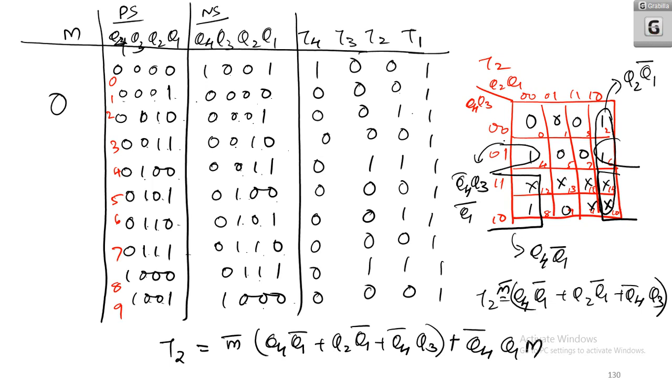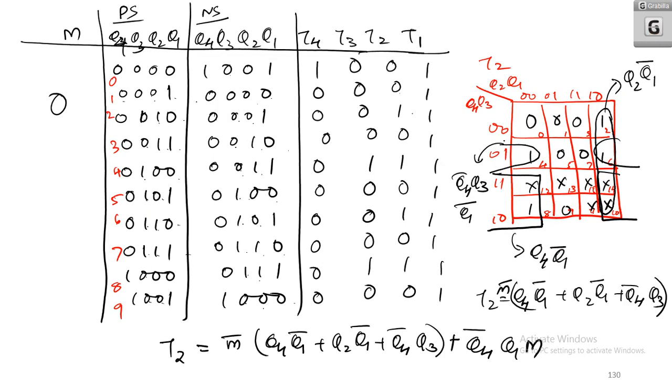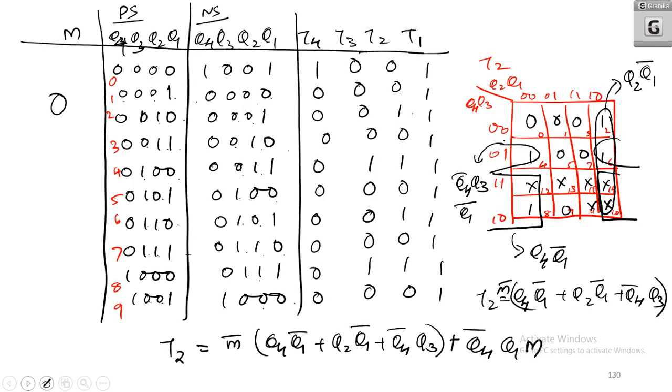Now you are getting the expression of T2. I am not going to derive the expression for T4 and T3 because it is a bit tedious task, but you can do from your end. I will just show how it looks.